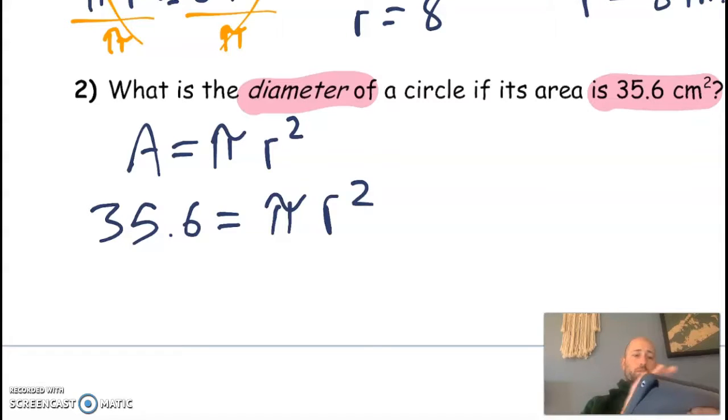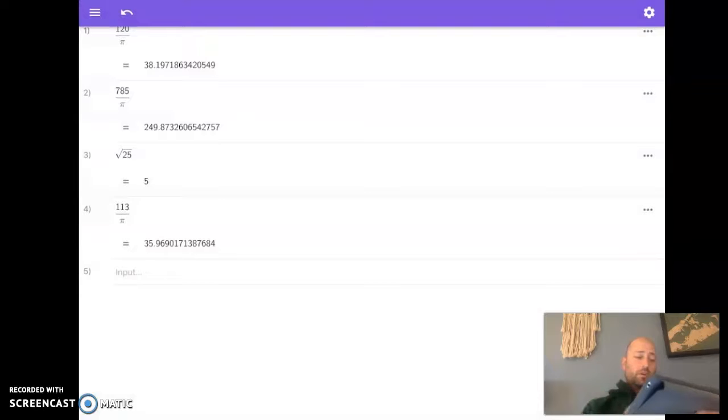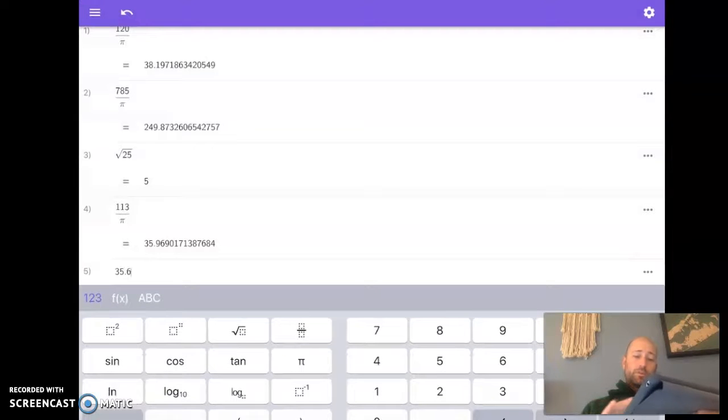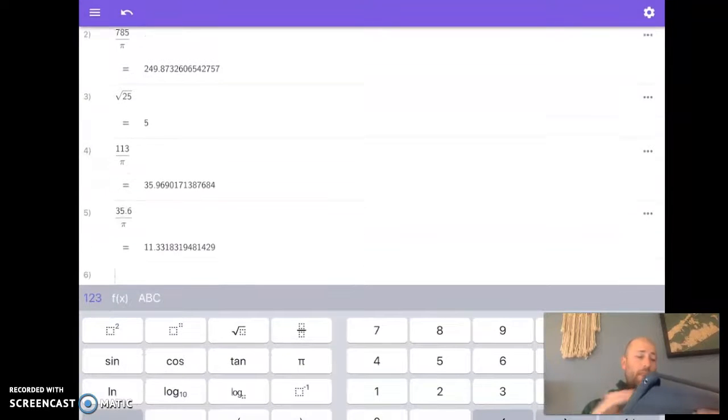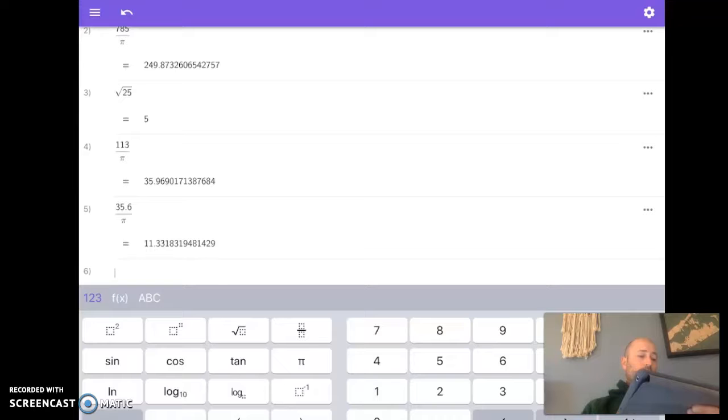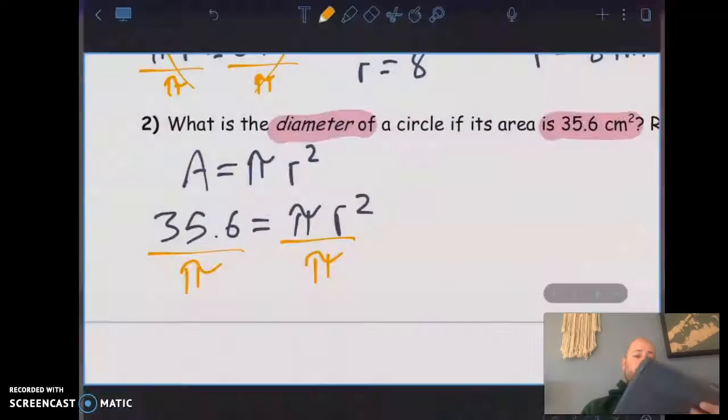Okay, I am going to divide by pi to start on both. And I have no idea, let's see, 35.6 divided by pi is equal to 11.33.